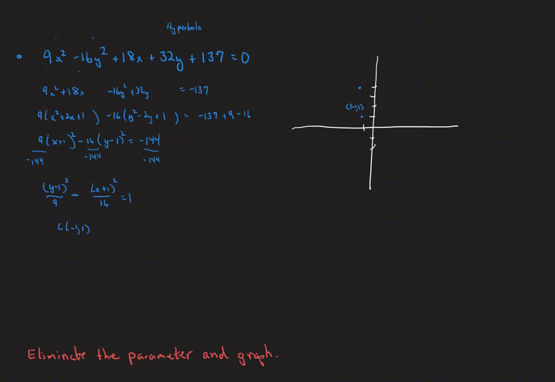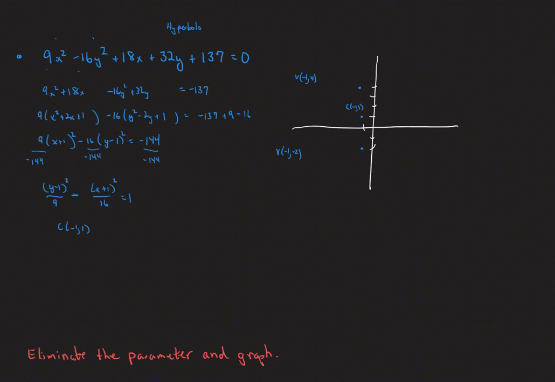So this is going to be one of our vertices. I'm going to put it off to the side here a little bit. That's -1, 4. And down here, that's going to be another vertex at -1, -2.